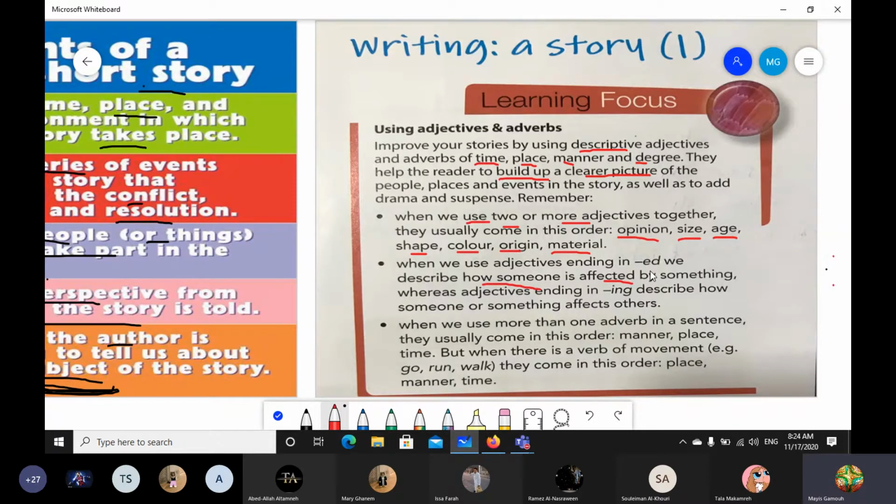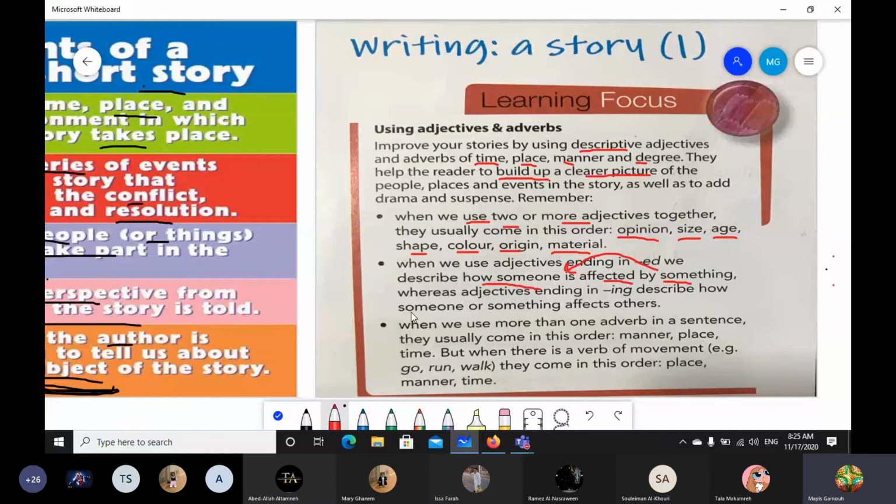if the adjective ends in ed, we describe how someone, the person, is affected by something. So something affected this person.